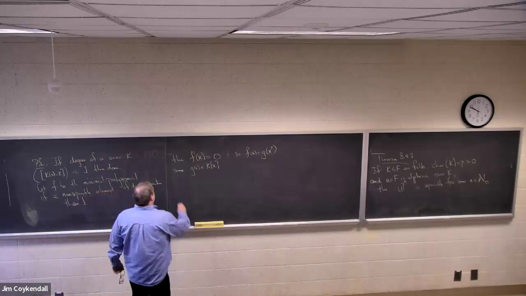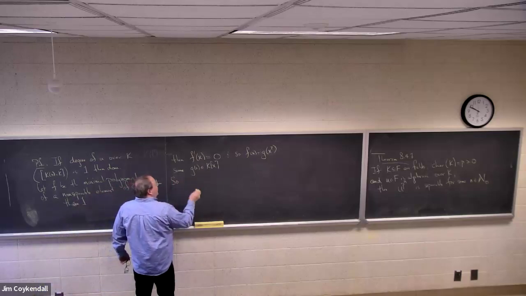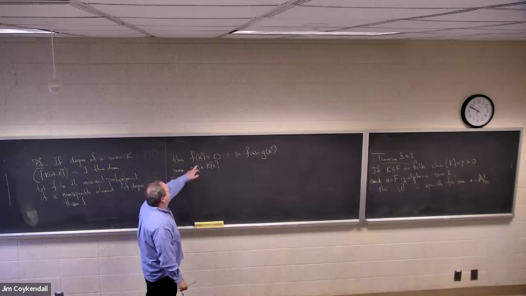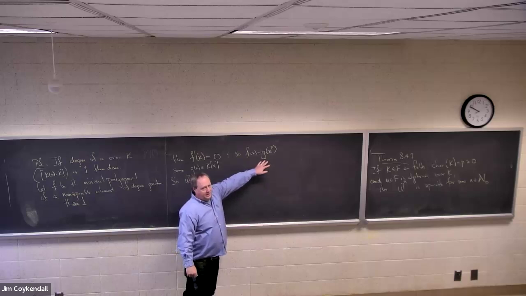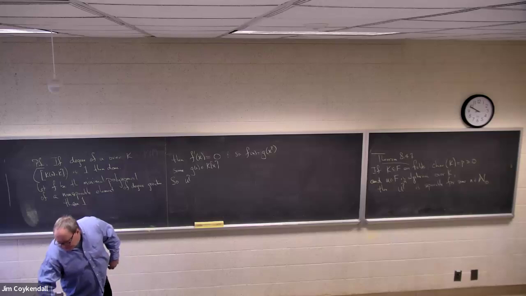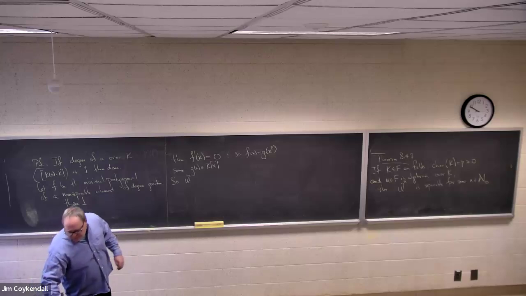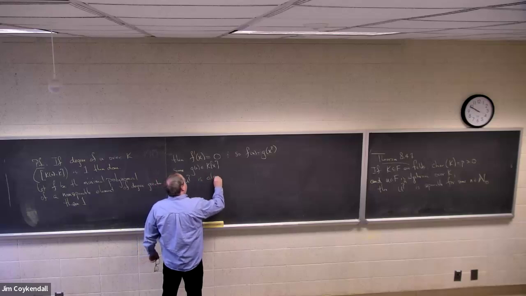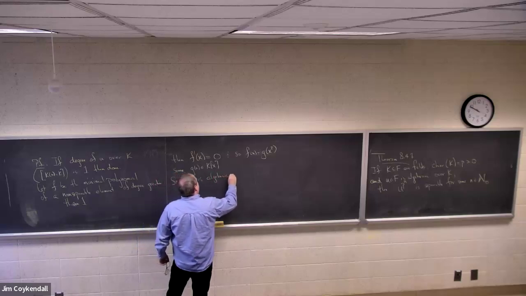So what does this mean? Notice that u to the p is a root of g, and so u to the p is algebraic over K.